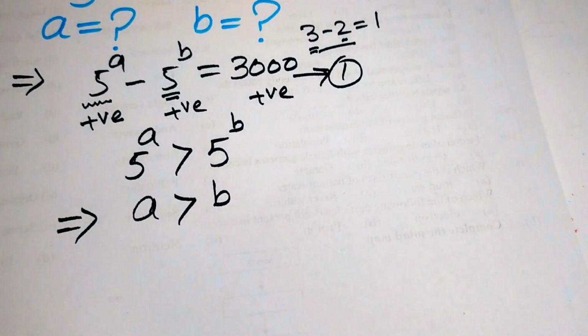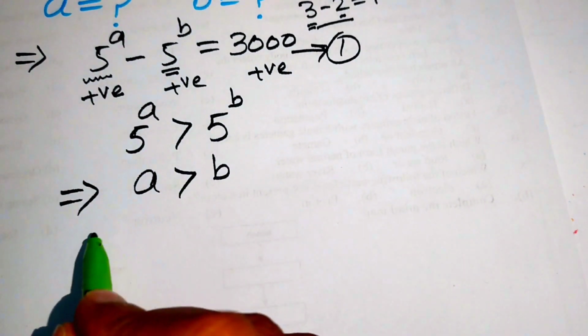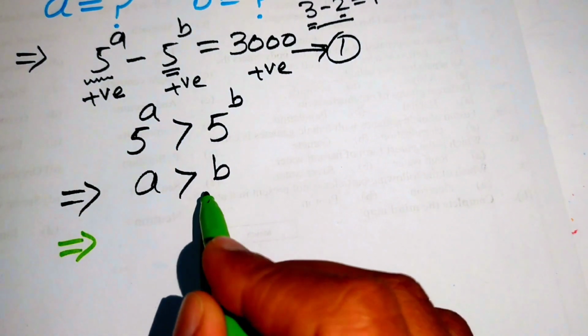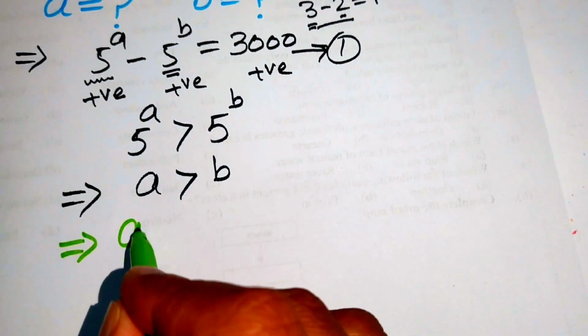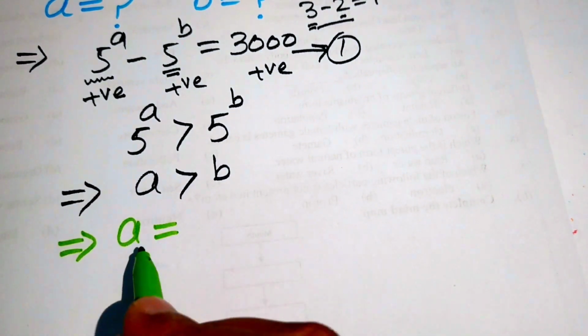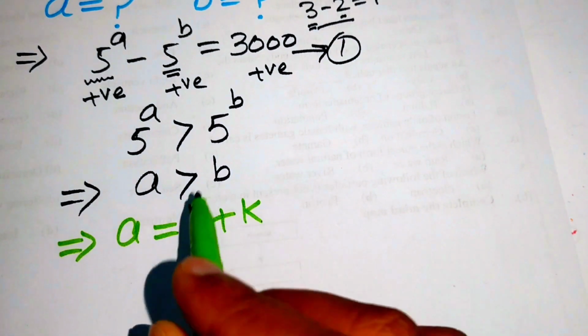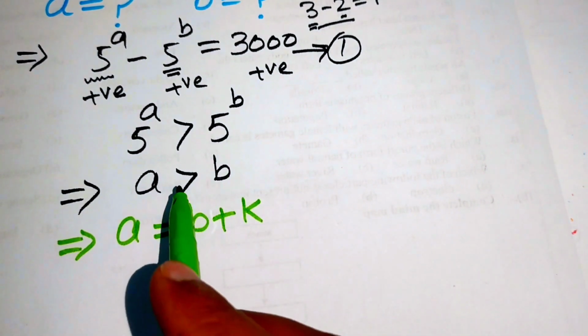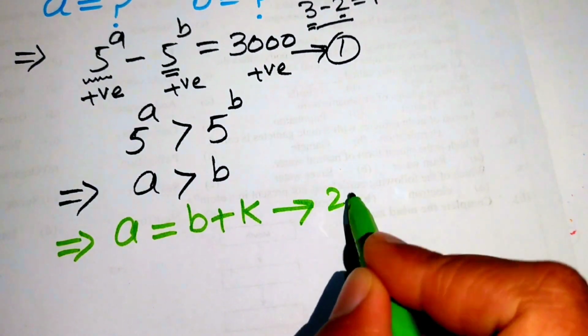So now you see that if a is greater than b, and if I add some constant value on the right hand side, then this inequality becomes an equality. So if we add some value k on the right hand side, this inequality becomes an equality, and we call this equation number 2.